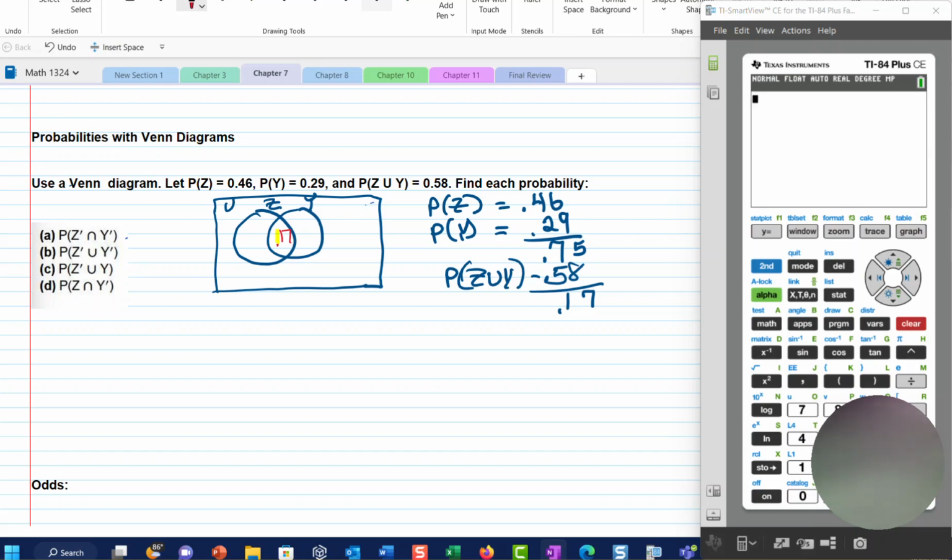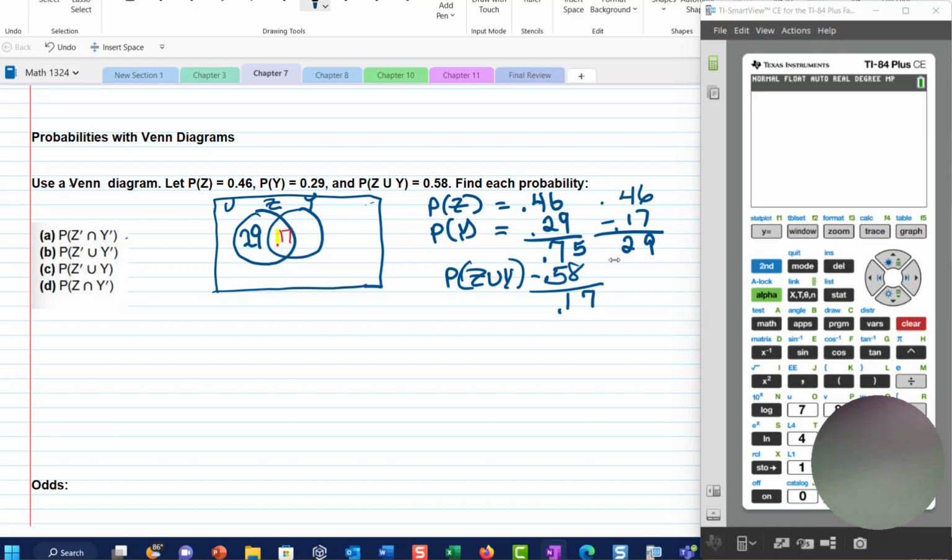Now we're going to do the math for each of the parts. Here we go. So 46 minus the 17. There are 29 in set Z that are not in set Y. But together, those two make 46.